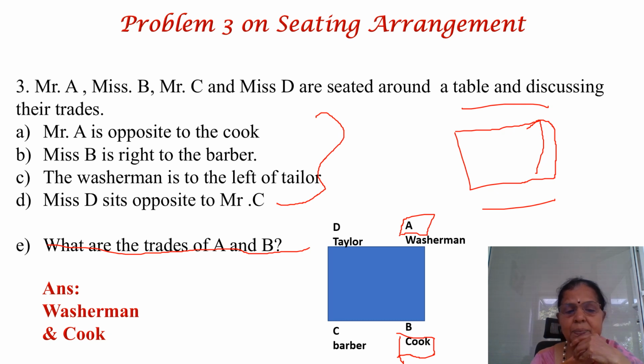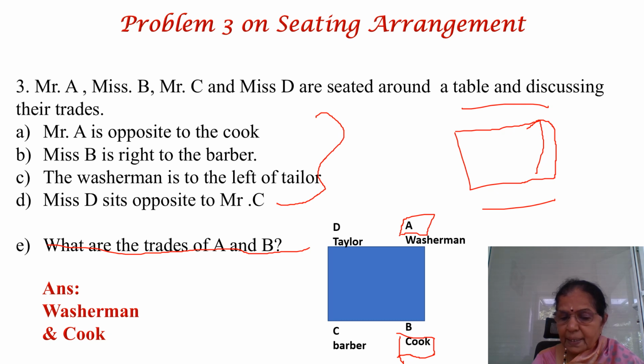And the second statement says Ms. B is right to the barber. Somebody is sitting right, so only this fellow is sitting right to the barber, because already we have put A here. B is sitting right to the barber.